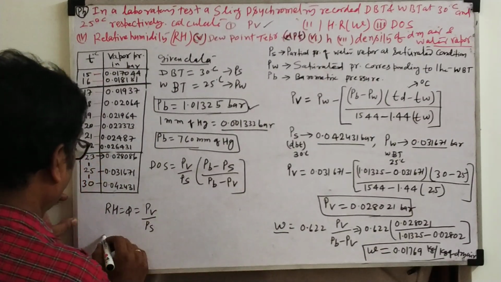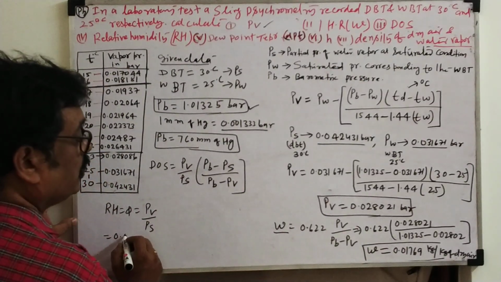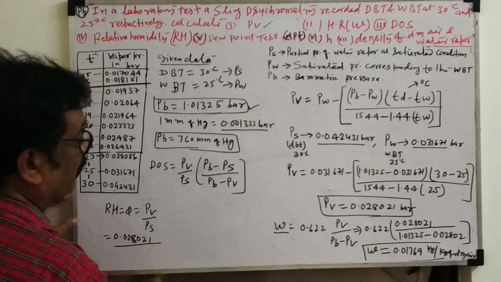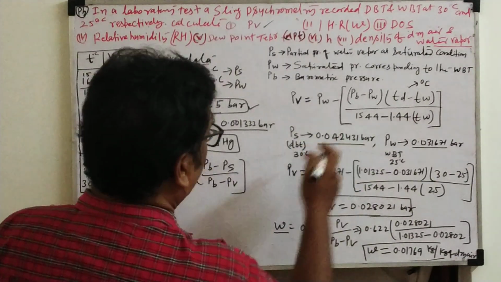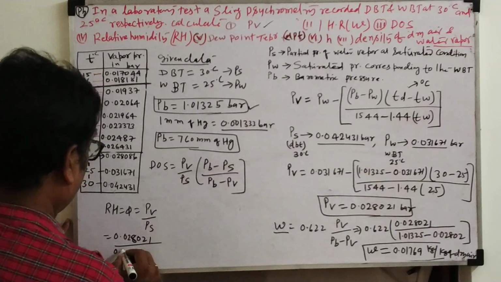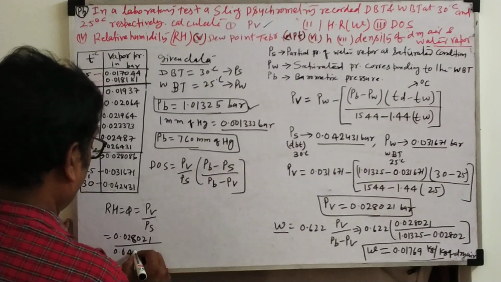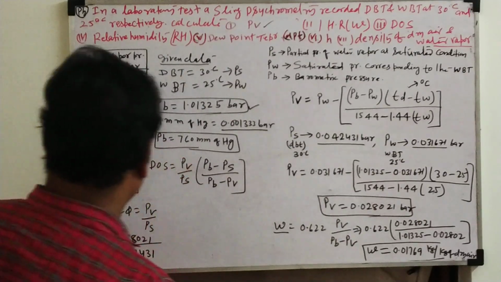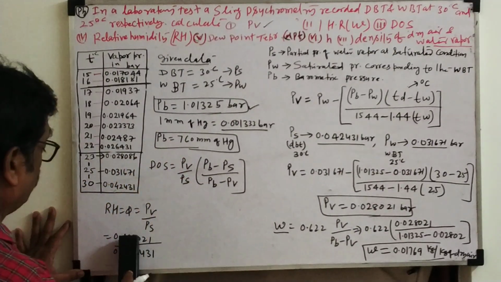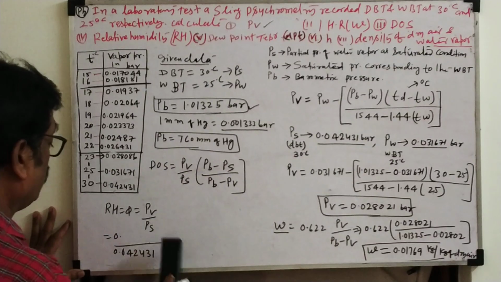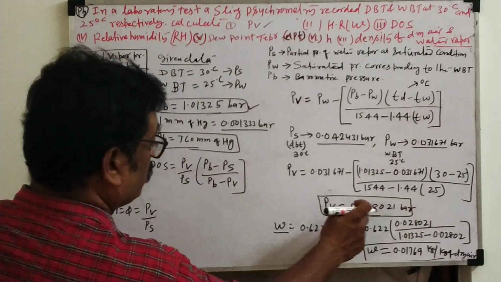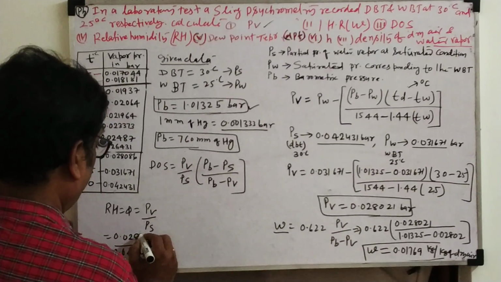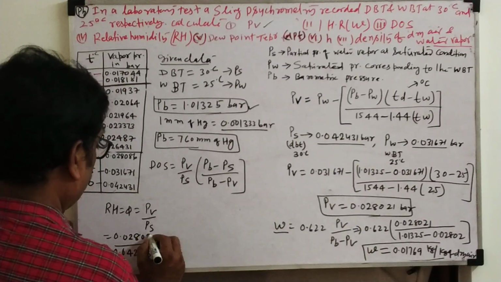PV by PS. What is the PV value? We'll write here 0.028021 by the PS value, 0.042431. The value again we will write clearly, so it looks clear. What is the PV value? Just now we calculated 0.028021.